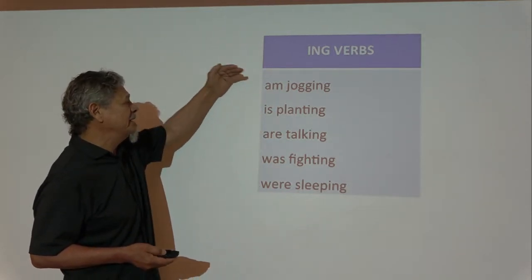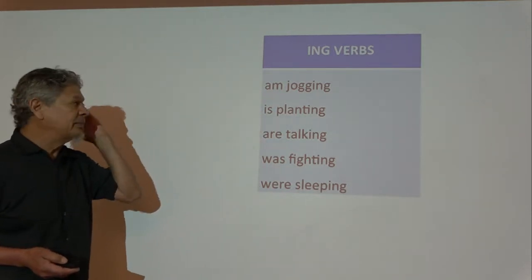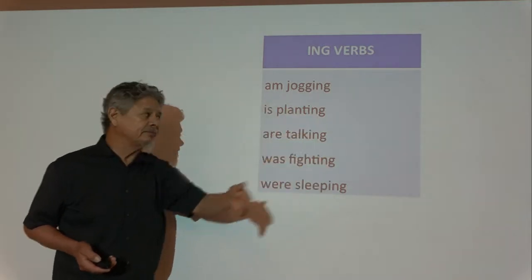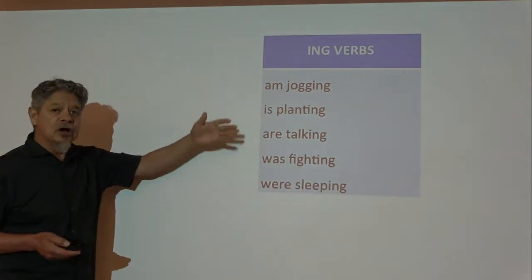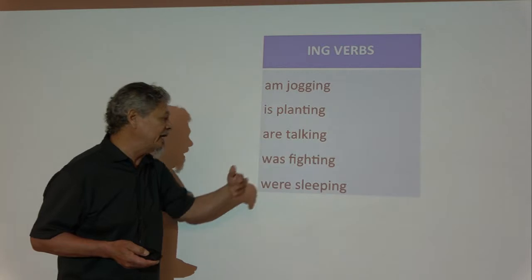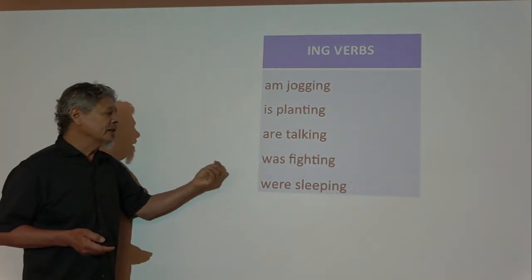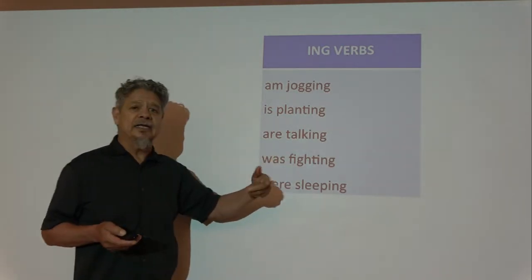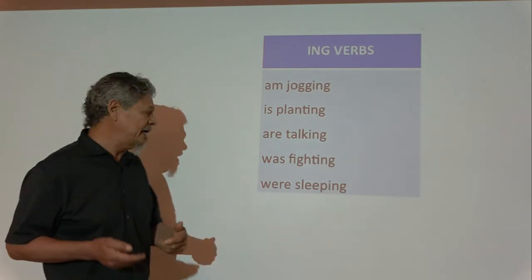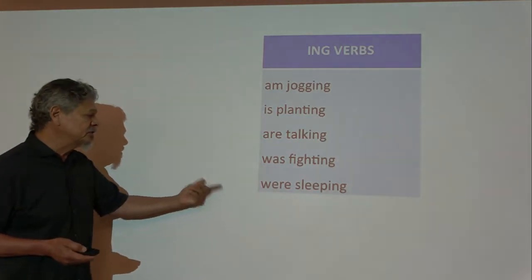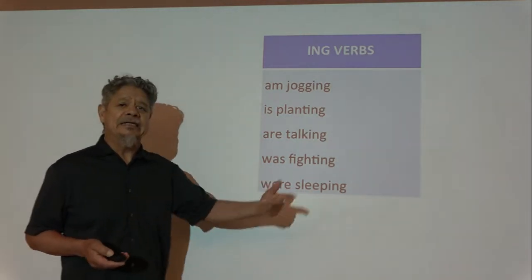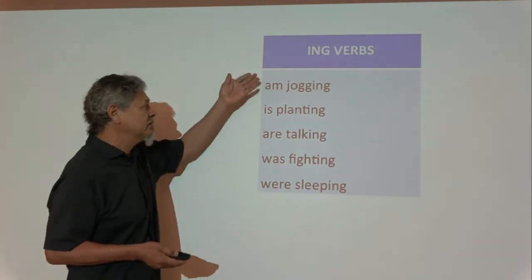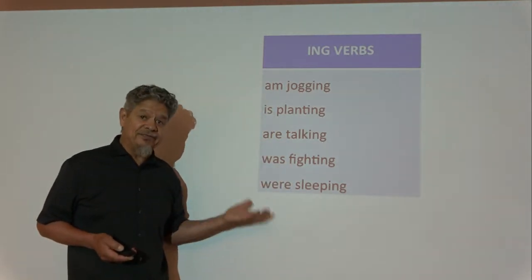So if we say, I am jogging, my mom is planting tomatoes, they are talking about the football game, and my son was fighting earlier today, and the children were sleeping in the living room. And so here, these are verbs, definitely.